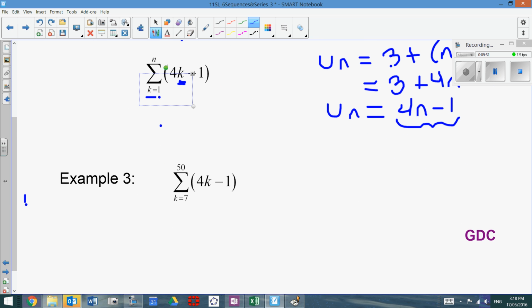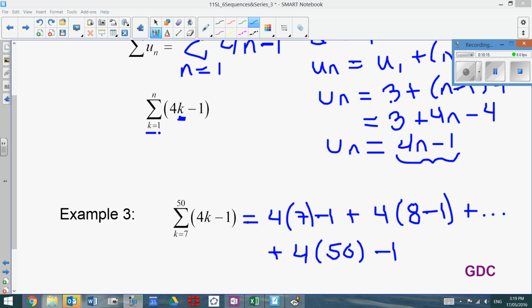So let's go ahead and take a look at what you guys are given in this last expression. Last series, we have a summation of 4k minus 1 as our term. We start with k equals 7. We'll go up to 50. Go ahead and pause here and start to write out what your series will look like.